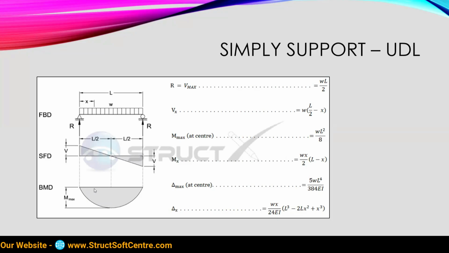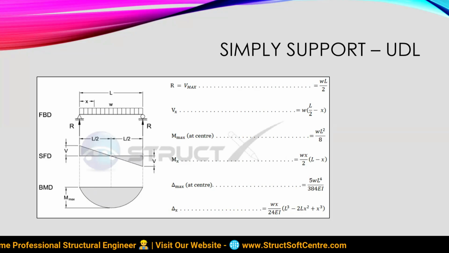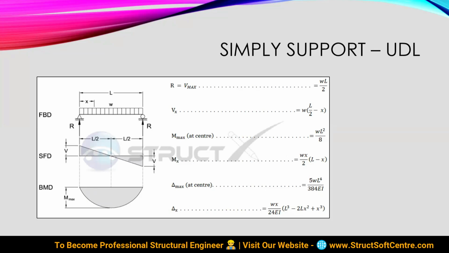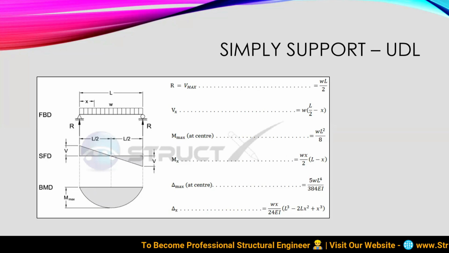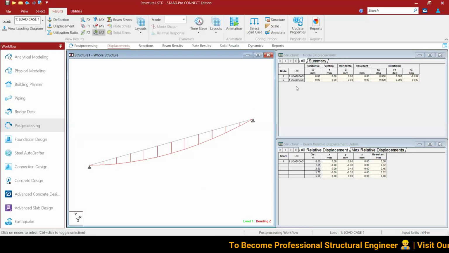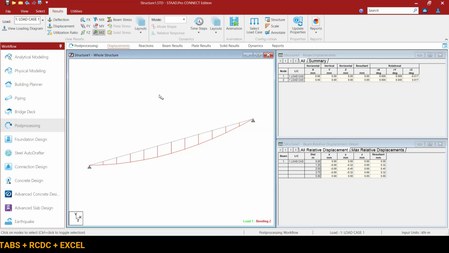In the coming lectures, we will also see the reaction values. We will also see the shear force values, bending moment values, deflection values, and we will validate. Also today you understood briefly how you can model a simply supported beam. Okay, so for the people who do not know anything in STAAD Pro, this was just the beginning.